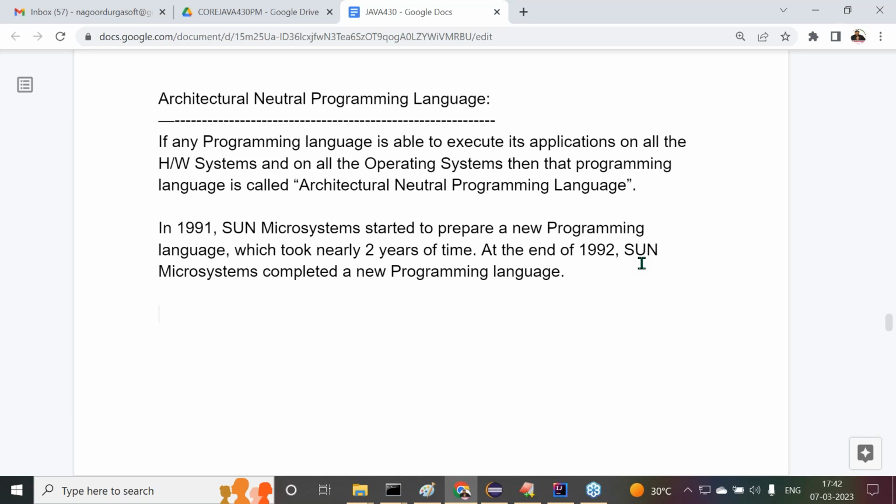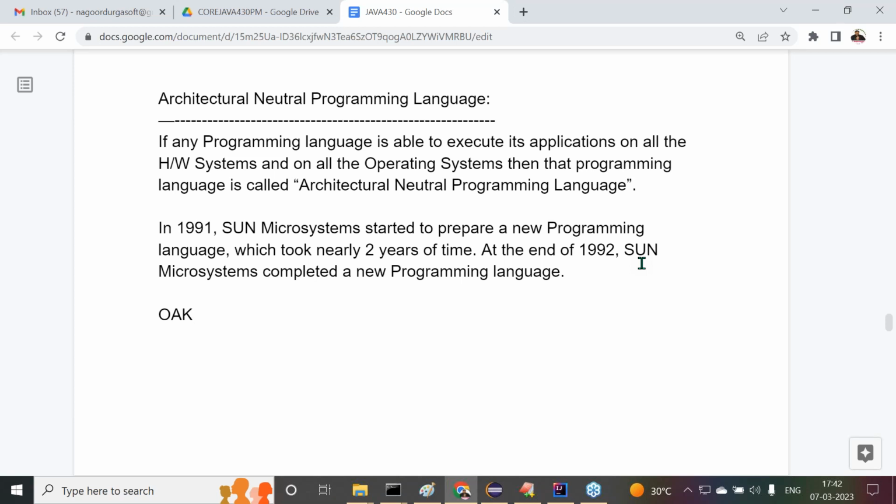The name of that tree is oak, O-A-K. Then James Gosling had a thought: why don't we give this name to our new programming language?